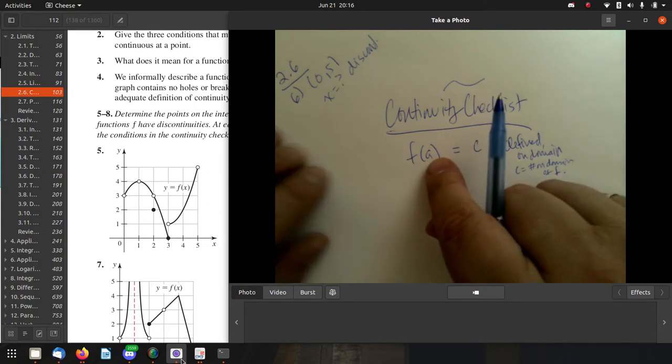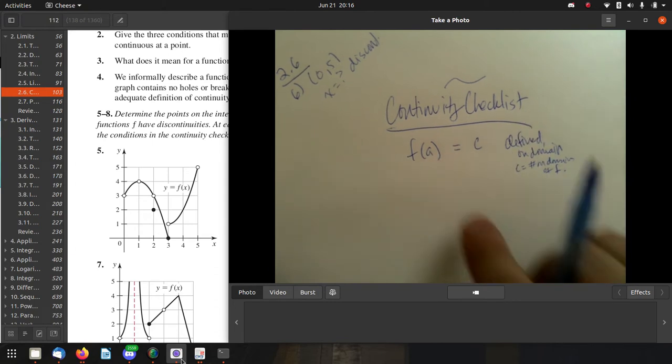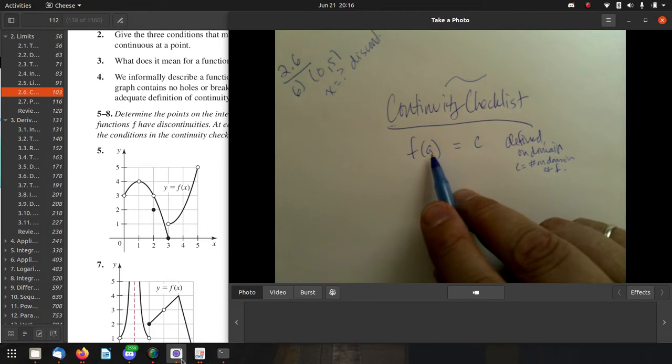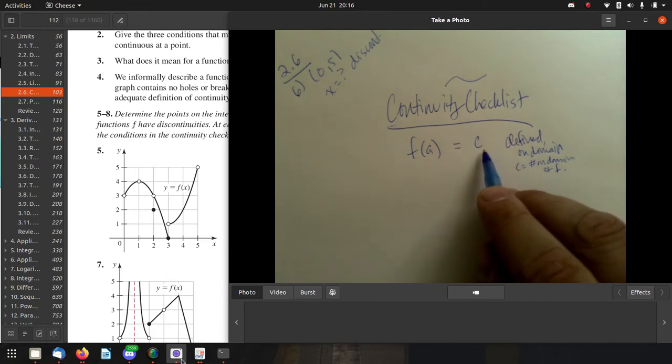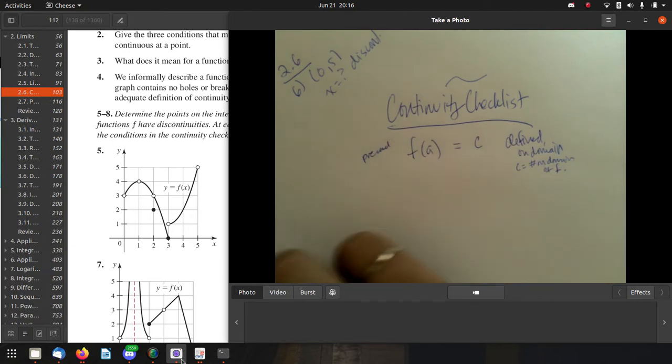At every point a along the interval of the function f, in order to be continuous there, it must first be defined there. This is a precondition.